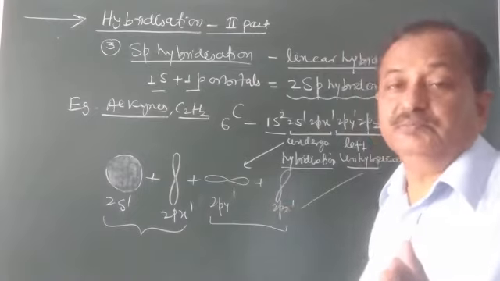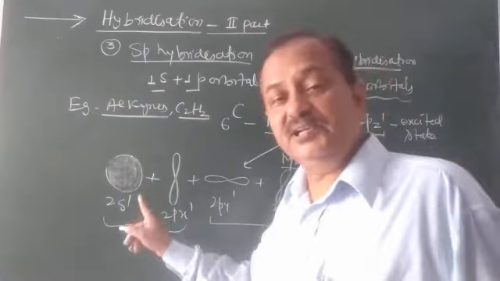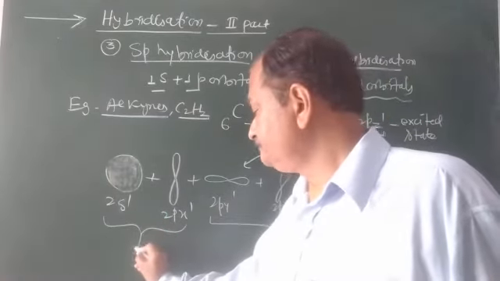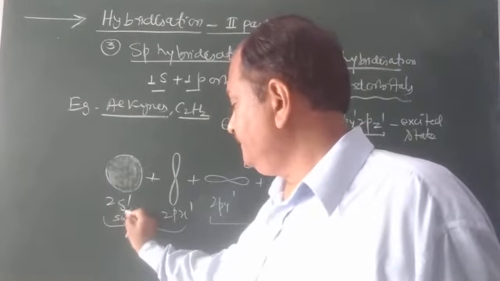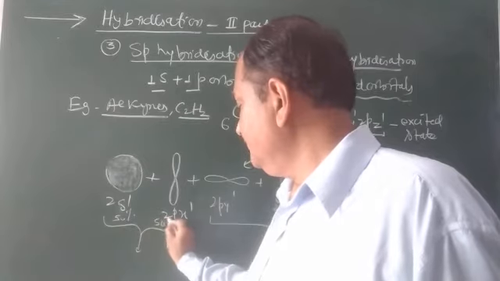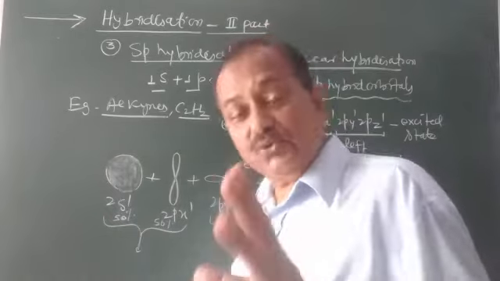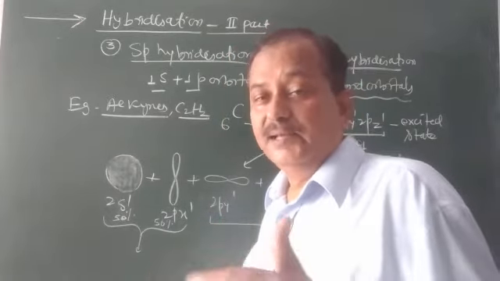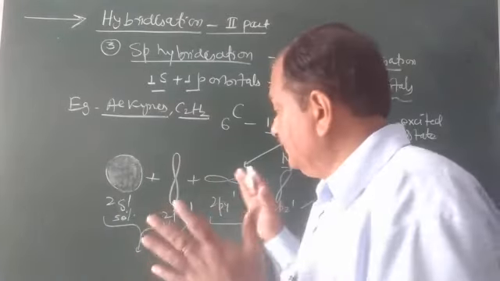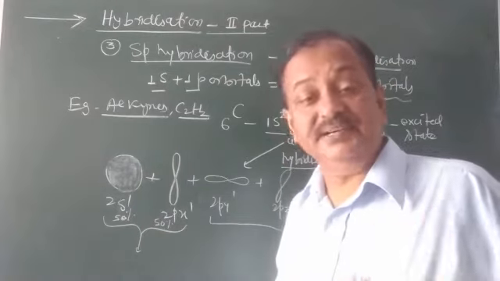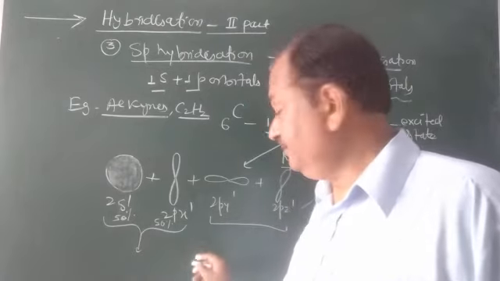This is a very important point, they will remain as they are. Two orbitals participate, and the two newly formed orbitals will have 50% s character and 50% p character, equal contribution, neither complete s nor complete p, but 50-50%.